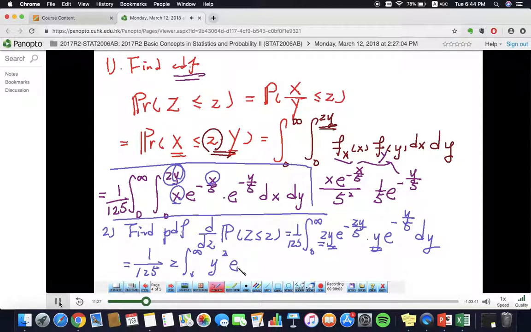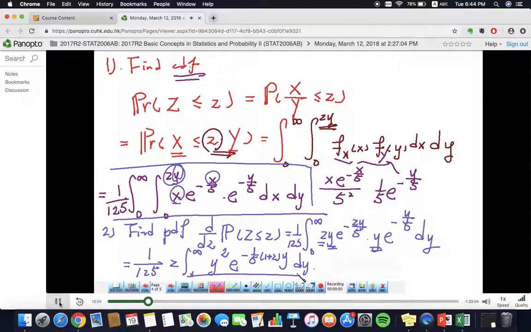So we have e to the power of 1 over 5, 1 plus z, and then y, dy. Okay, I'm done. This is 2, okay? This is 2, not z. And now what's next to do is deal with this integral.